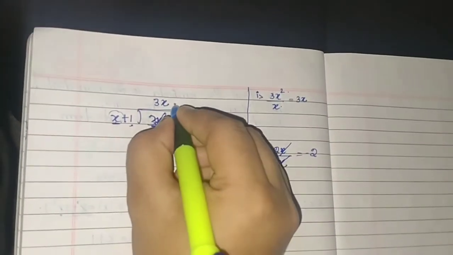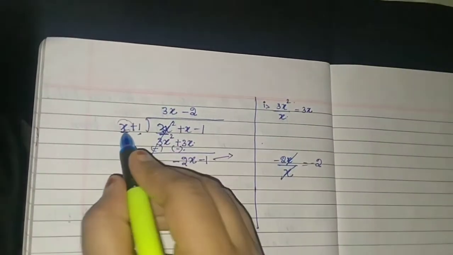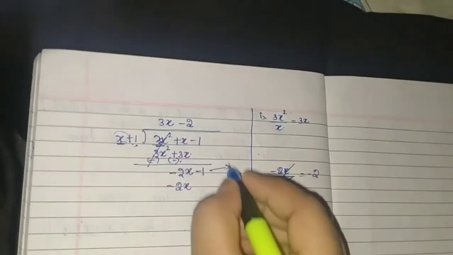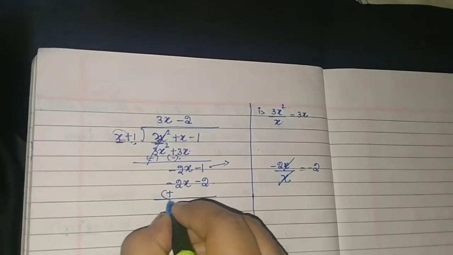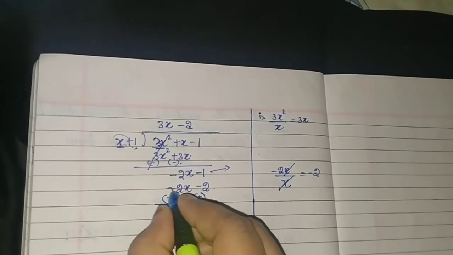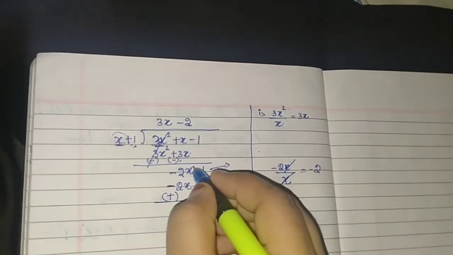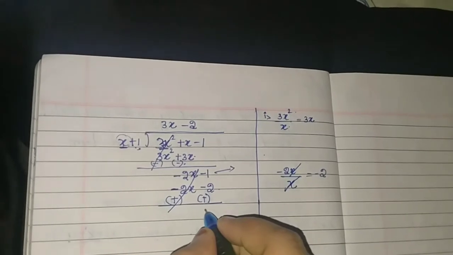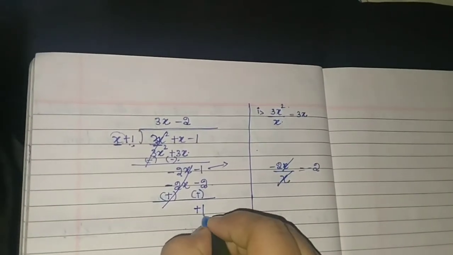Minus 2. This minus 2 I am going to write over here. So minus 2 into x is minus 2x, and minus 2 into 1 is minus 2. So plus, because the minus sign is there, I changed it to plus. Minus 2x and plus 2x will get cancelled. What is remaining? Minus 1 plus 2. Which has the biggest number's sign here? Plus. So 2 minus 1 is 1.